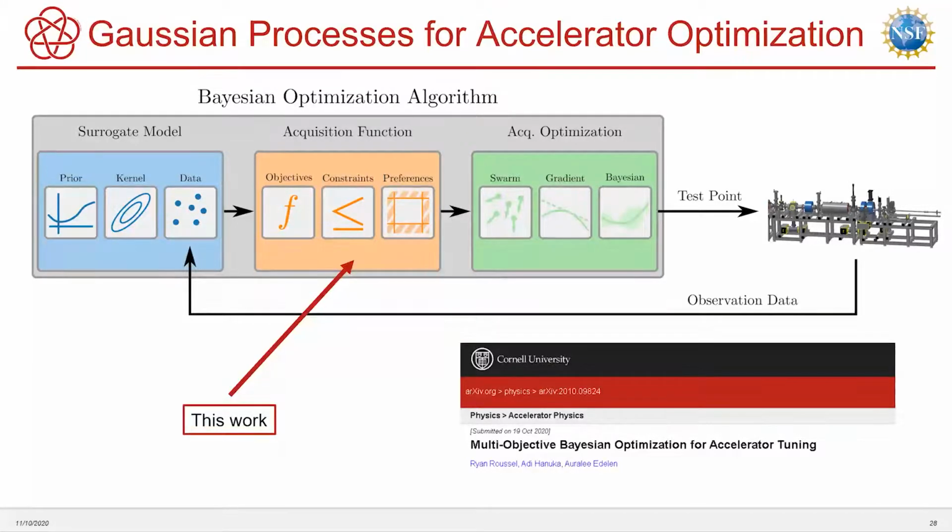And these are all very relevant to final use in an online optimization algorithm. The results from our computational experiments are in this arXiv paper, which I can provide the link to anybody who needs it, and is recently submitted to PRAB.